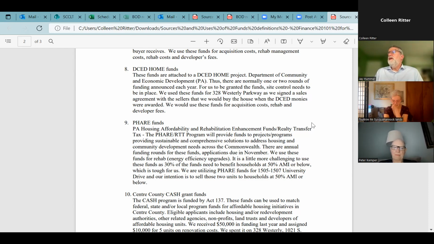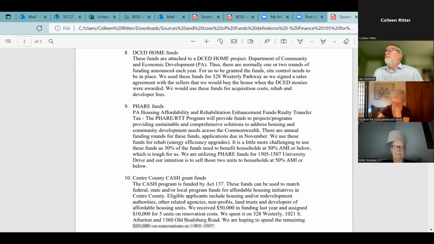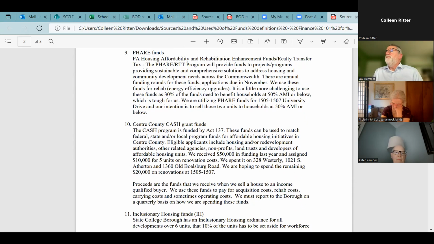And then FAIR money, that's state money, right? Yes. So FAIR funds, that's number 9 on our list. As it says there, we can use that for energy rehab, or is that project specific as well?